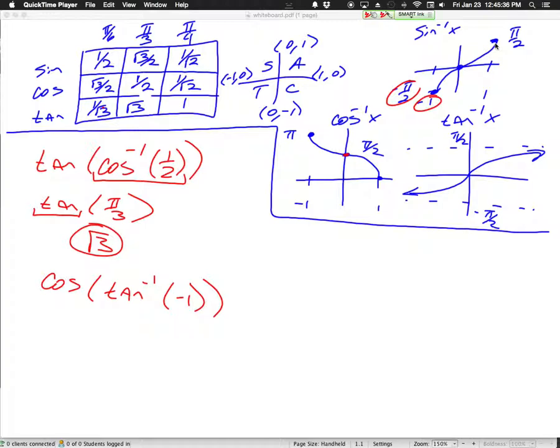Alright, evaluate the inside. So I go to tangent, I go to 1, I get pi over 4. Since it's inverse tangent and a negative, that needs to be negative. So now I'm evaluating a regular trig function, which means I need the reference angle and the quadrant. So I go to cosine, I go to pi over 4, gives me 1 over radical 2. Now I need to decide what quadrant negative pi over 4 is in. It's in the fourth quadrant. What's my letter for the fourth quadrant? C. I'm dealing with cosine, so that means my answer stays positive.